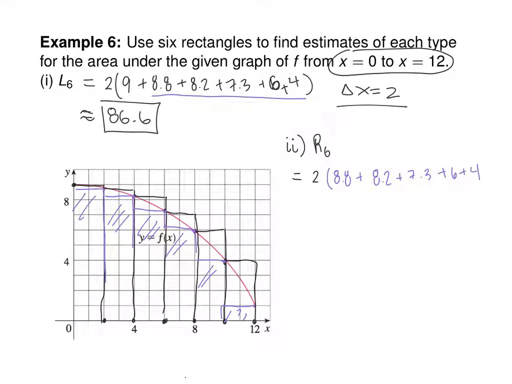Because plugging in the right endpoint for the first box is the same as plugging in the left endpoint for the second box. What's the only box we have to also add on the area of? The little one. So what is the height of that box appear to be? 1. And that came out to be 72.6.